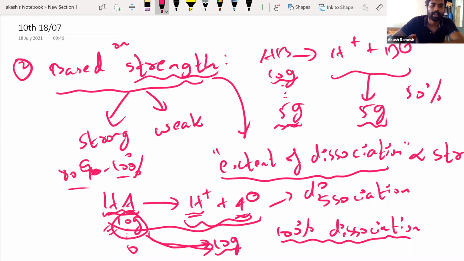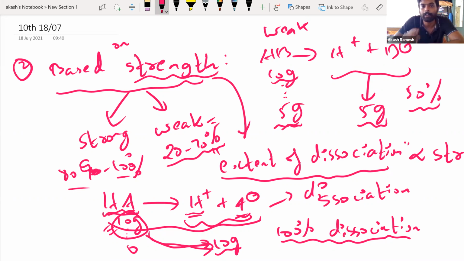Obviously, that is going to be a weak acid. Why? Because when you have approximately 20 to 70% dissociation, that comes under weak acid. Since only 50% dissociation is happening, HB is definitely a weak acid.